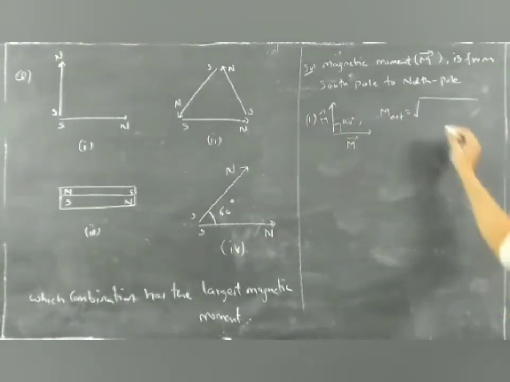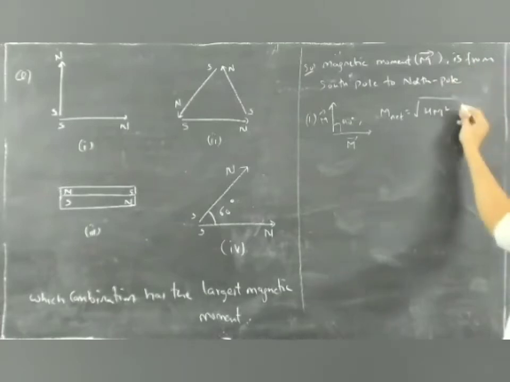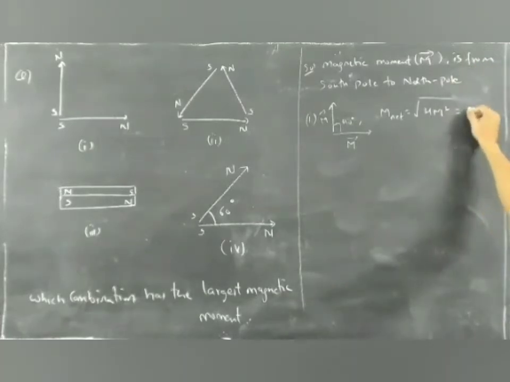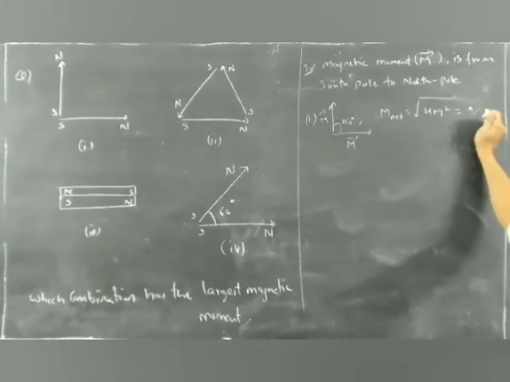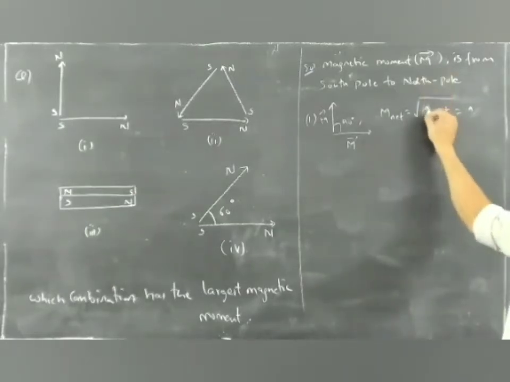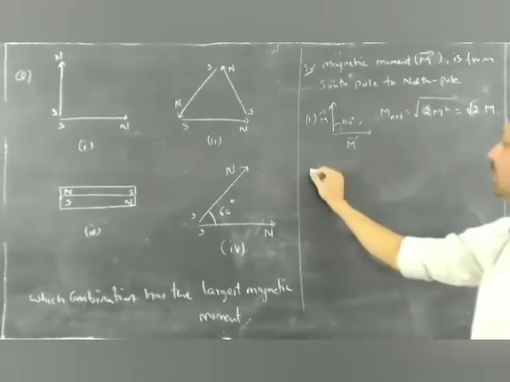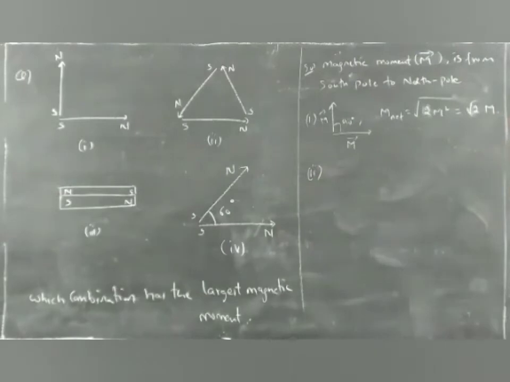Cos 90 will be 0, so therefore here we will get 2m square. So we will get here root 2 into m. This is the magnetic moment of the first combination.